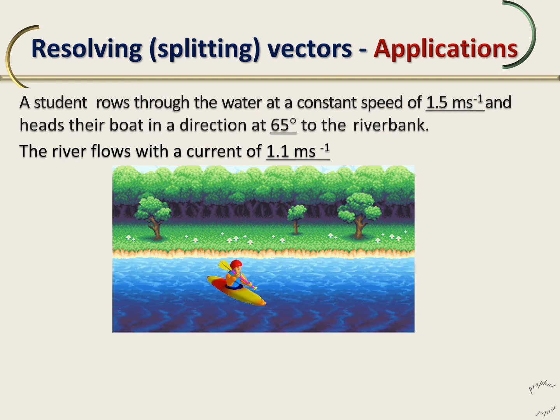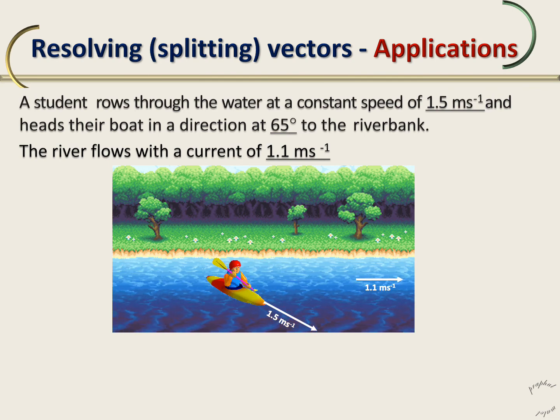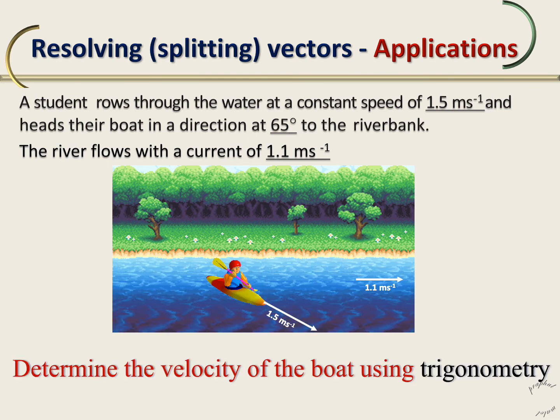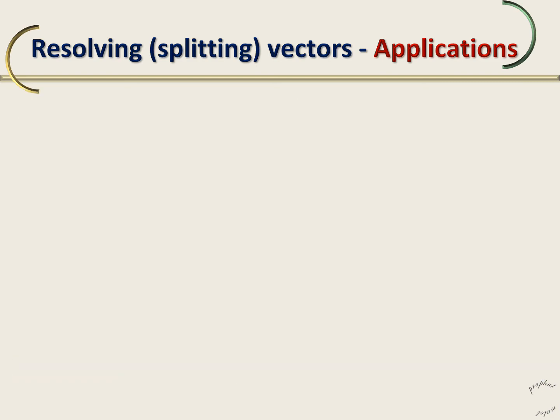That's the question. So let's use the idea of resolving the vectors to find the resultant velocity of the person. I am drawing both vectors. 1.5 meters per second is the speed of the student and 1.1 is the speed of water. Now the problem here is the vectors are not perpendicular to each other.